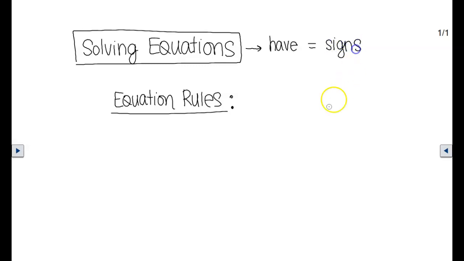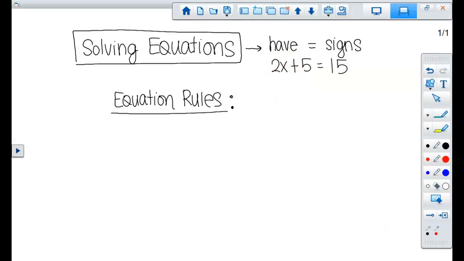A problem is an equation if it has an equal sign, and you're going to see stuff like 2x plus 5 equals 15. Your job is going to be to solve that, and you will remember that means figuring out what that x is in the equation. So that's what we're headed into here.